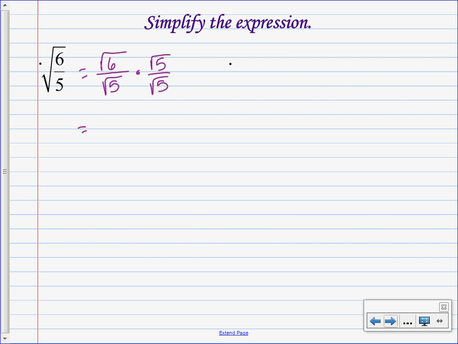Okay, so 6 times 5 is, well, isn't this 1? So all I did is multiply by 1. Does that change my thing if I multiply by 1? It's just a special one, right? I can multiply anything by 1 and get the same thing, right? So what's 6 times 5?